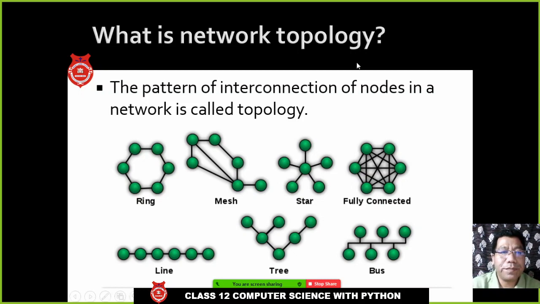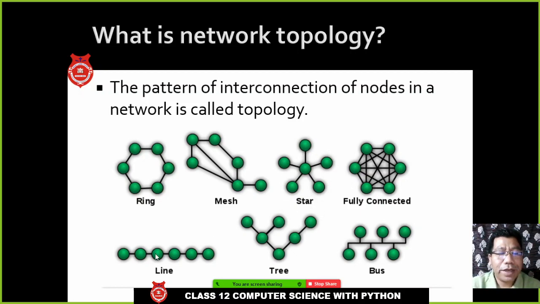Network topology simply means the pattern or the way of connection between the different nodes or the different computers in the network. As I have shown you here, we can connect different computers in a circular or ring manner, and we can also connect different computers in the form of a star, as you can see in this diagram.